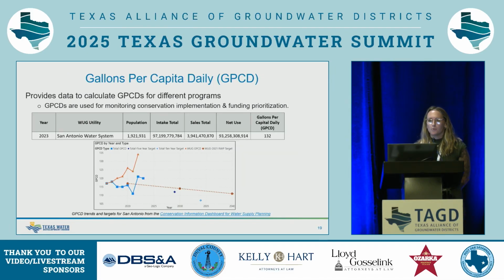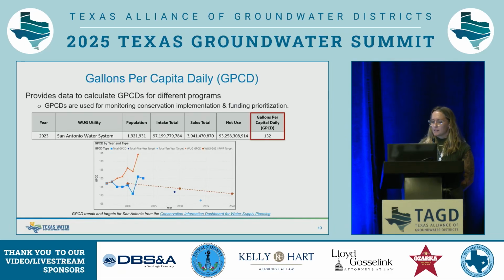And then something really important for planning purposes is GPCD, so that's the per person water use per day. GPCD is a good way to monitor conservation programs or for funding prioritization for TWDB.